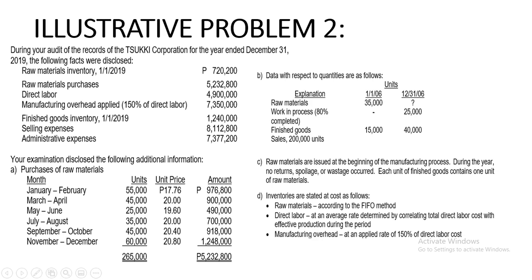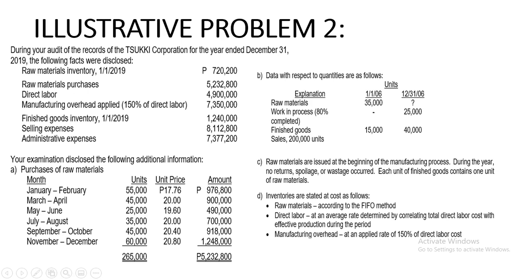B, the data with respect to quantities are as follows. And C, raw materials are issued at the beginning. During the year, no returns, spoilage, or wastage occurred, and each unit of finished goods contains 1 unit of raw materials. And lastly, inventories are stated at cost as follows: the raw materials are in accordance with the FIFO method, direct labor at an average rate, and manufacturing overhead is applied at a rate of 150% of direct labor cost.